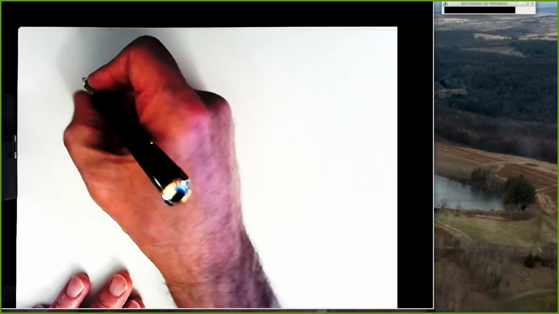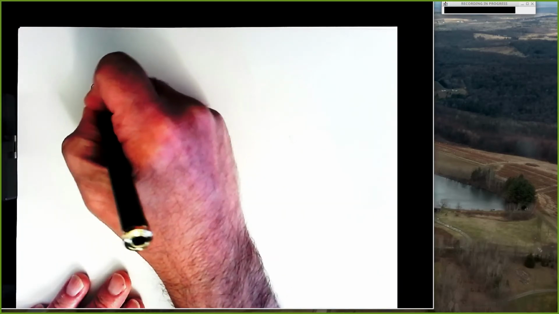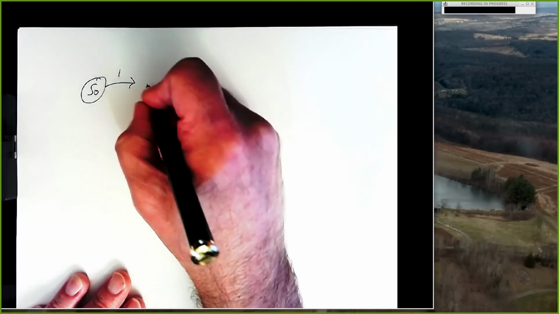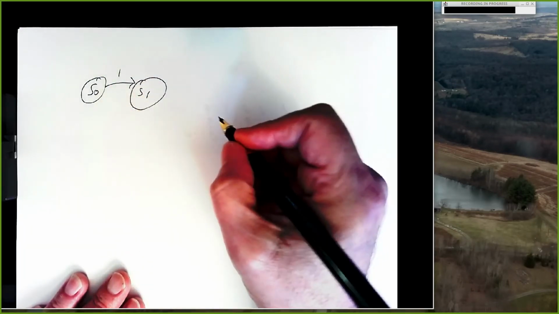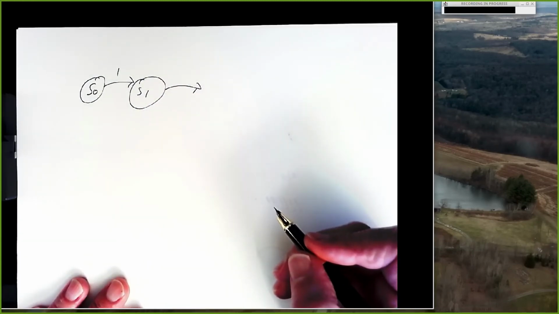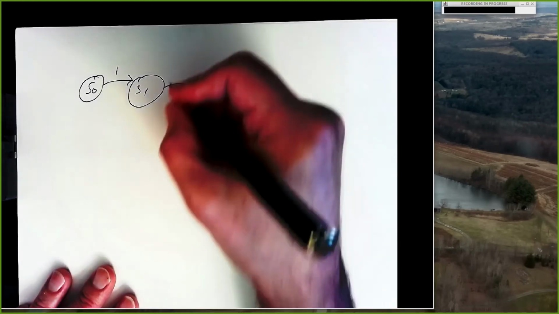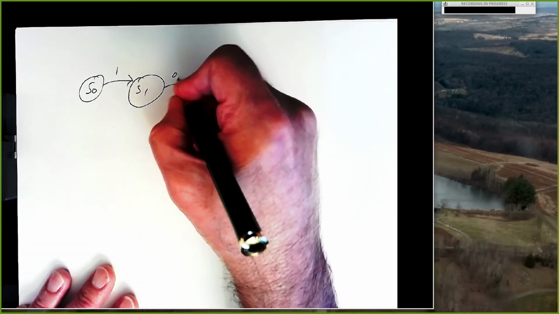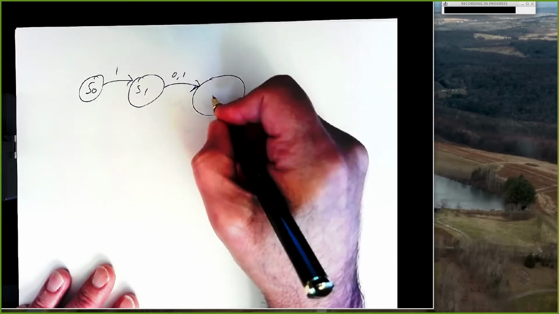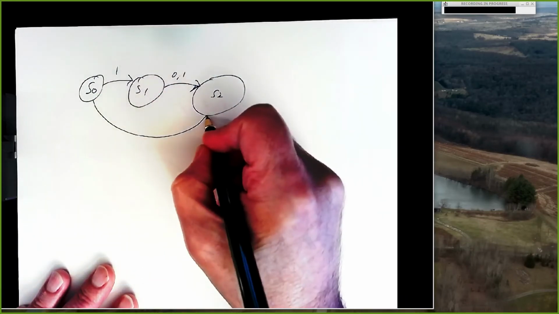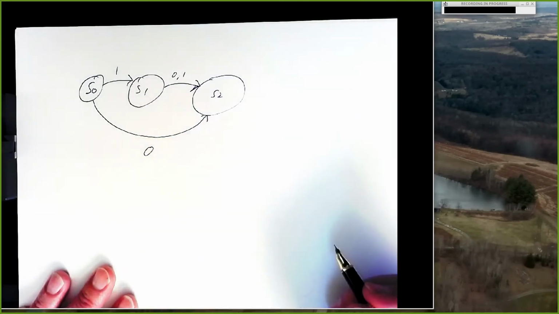And so here's an example. Here's a state S0. And if we have a 1, we'll go to S1. And I'm going to be kind of lazy here. Instead of drawing 2 arrows, one for a 0, one for a 1, I'm just going to say whether we have a 0 or a 1, we're going to go to state S2. And over here, if we have a 0, we'll go to state S2.